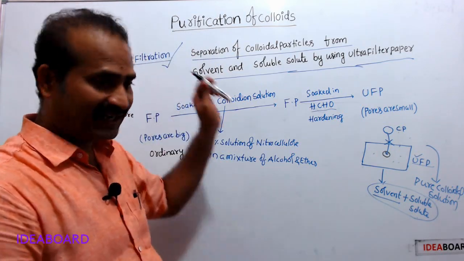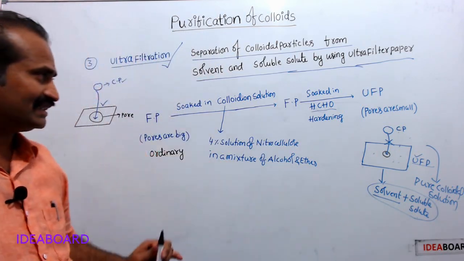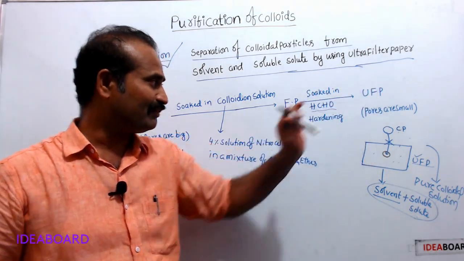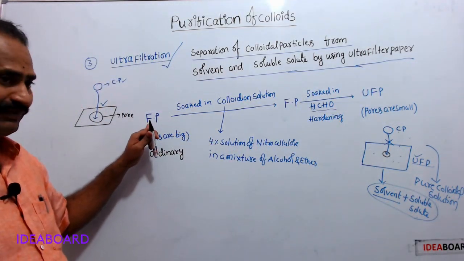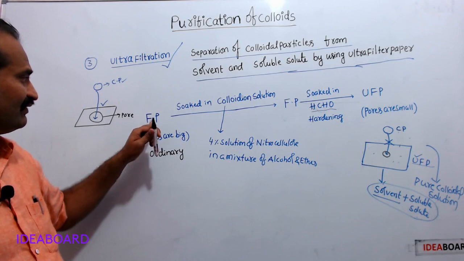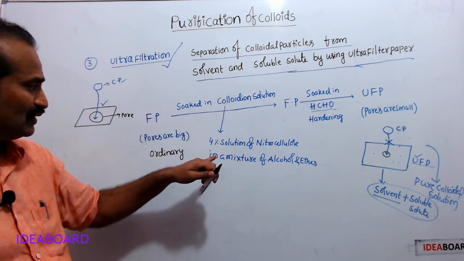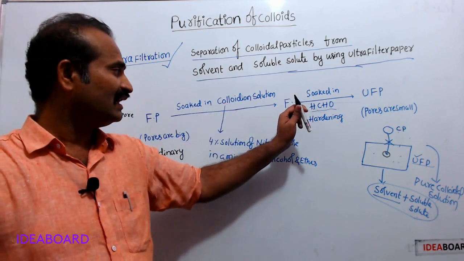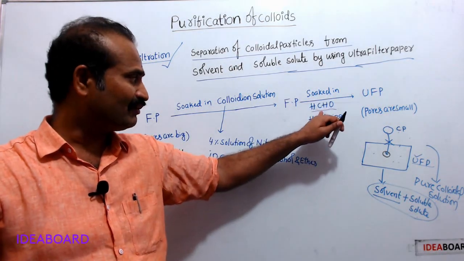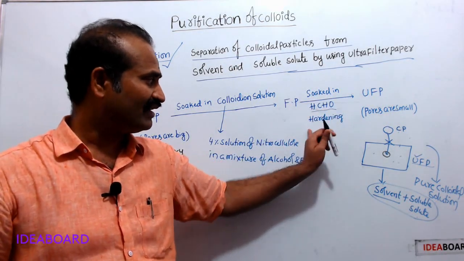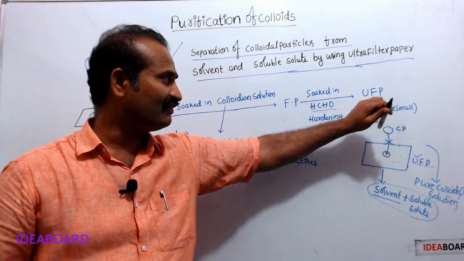In order to get ultrafilter papers, first we need to take ordinary filter paper. This should be soaked in colloidin solution, and later further soaked in formaldehyde for hardening. Then finally we get ultrafilter papers.